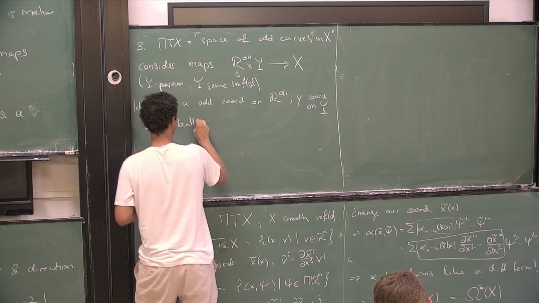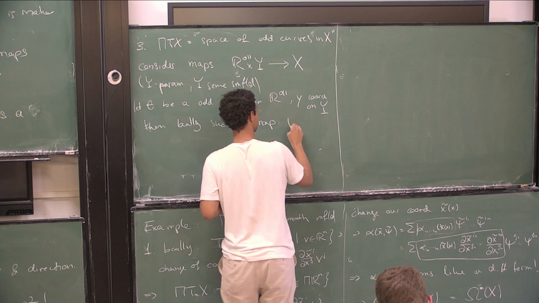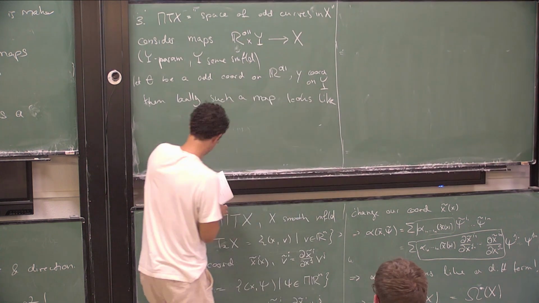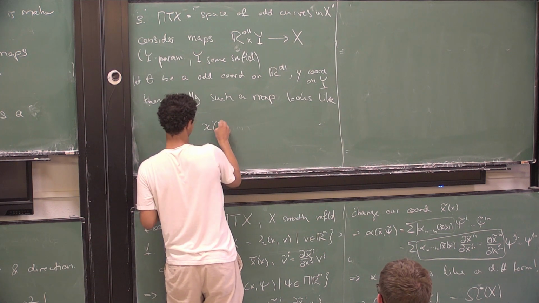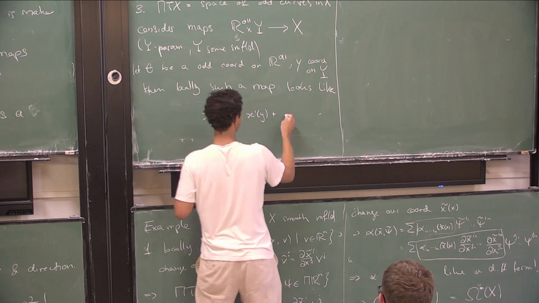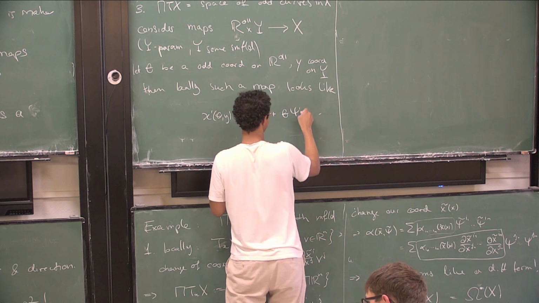Then such a map locally looks like x^i of theta and y, which is some even part plus some odd part, and then another odd part.